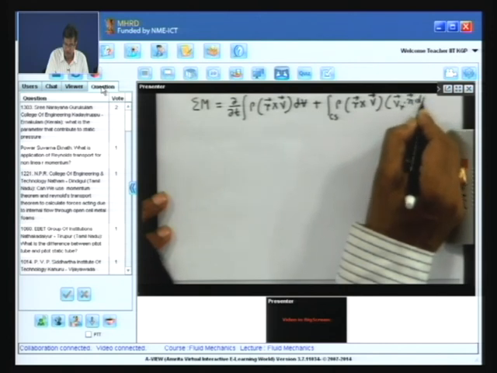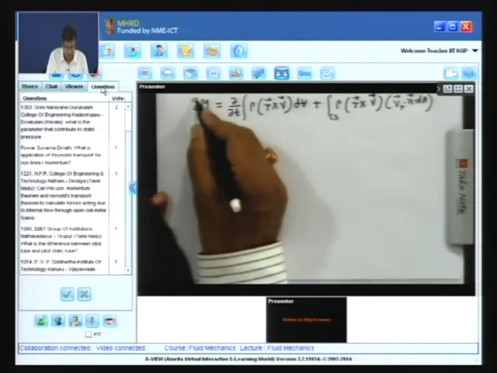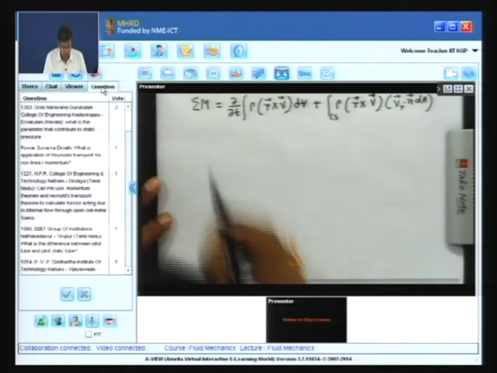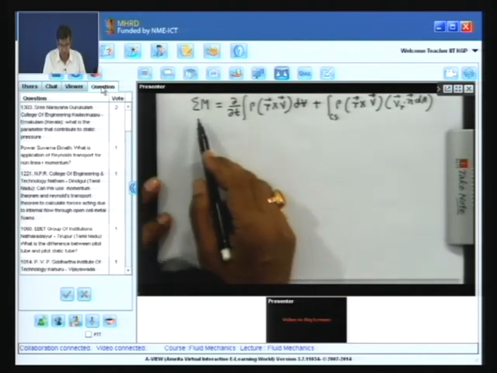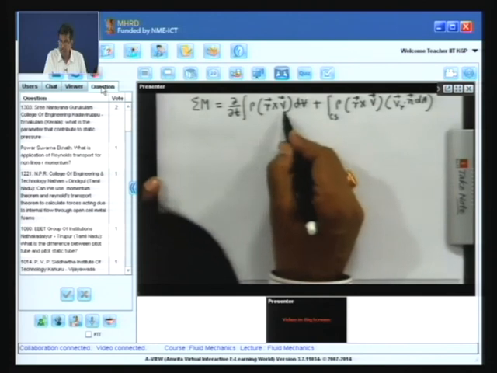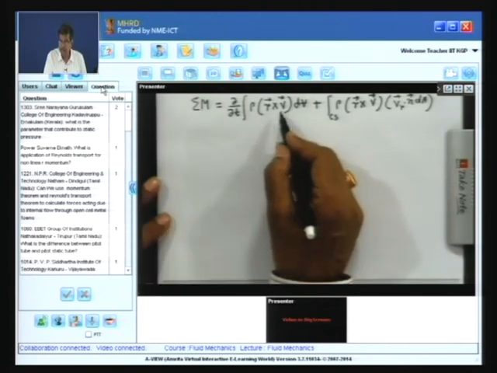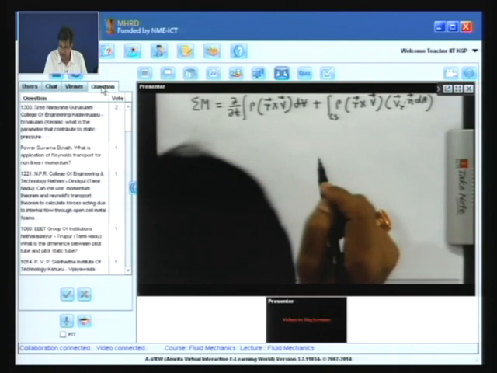Again I am writing this. What I have done is I have substituted the sum of the moments in the left hand side, when these r and v are described with respect to a static frame of reference or inertial frame of reference.